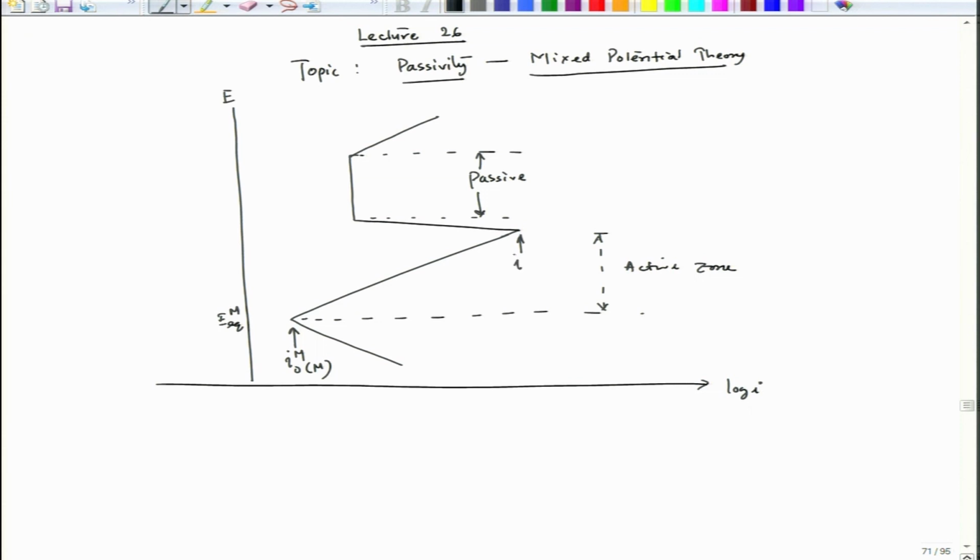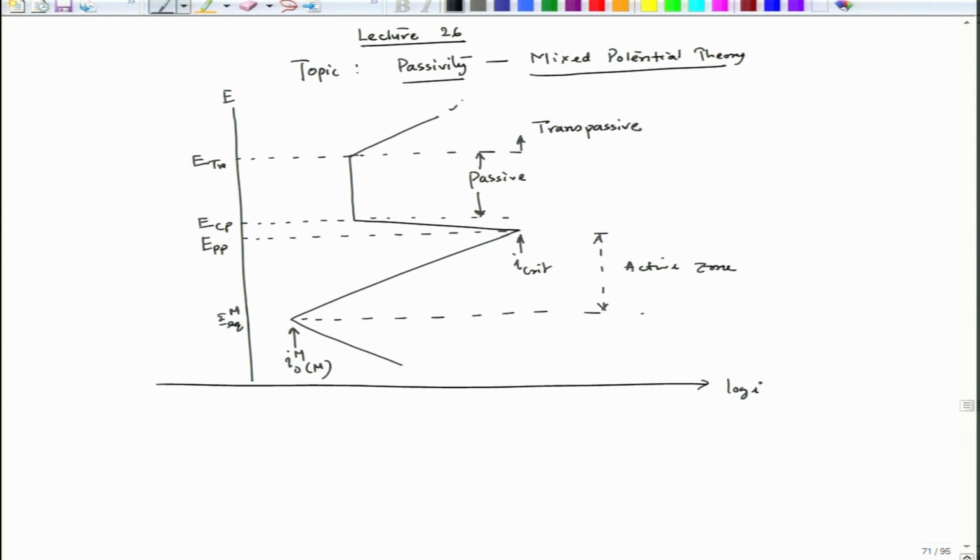This is I critical, and the corresponding potential is EPP. We have ECP, which is complete polarization. Then we have E trans. So this is the transpassive region.